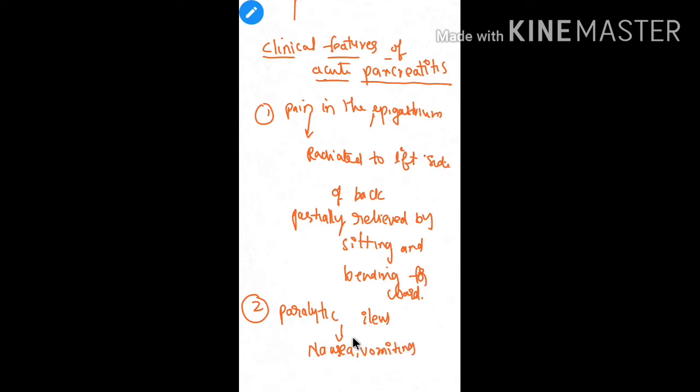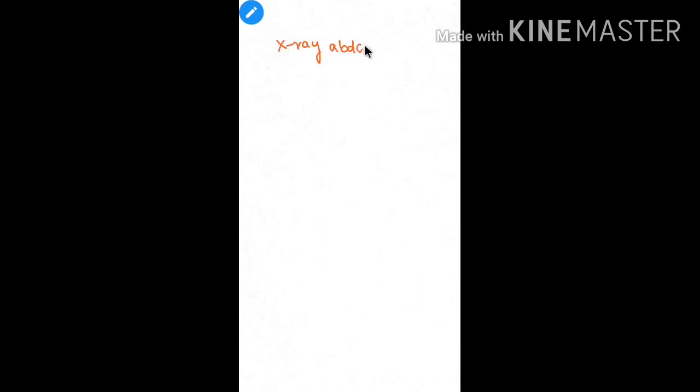And on X-ray abdomen, you will see gasless abdomen. This will be manifested as ground glass appearance.